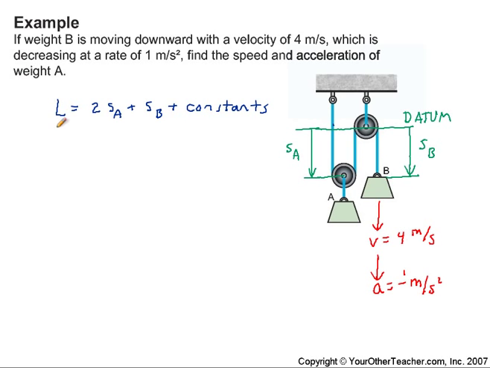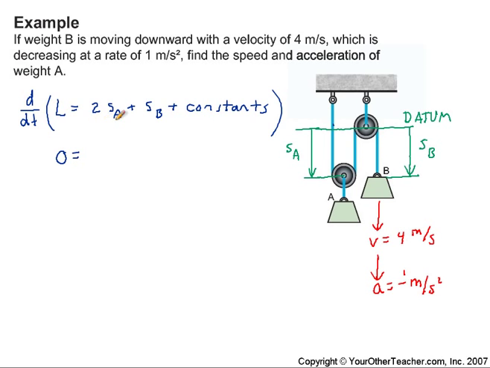Now the next step is that we take the derivative of the constraint equation. So we take d/dt of this entire equation. If we take the derivative of L, L is not changing. We're assuming that this is an inextensible rope. So the derivative of L is 0.